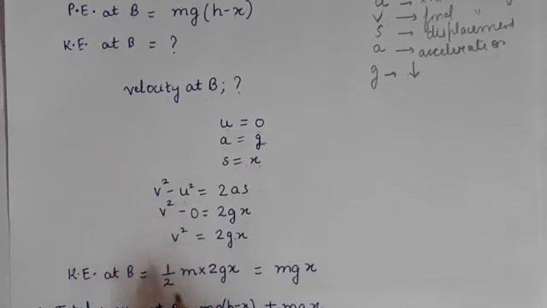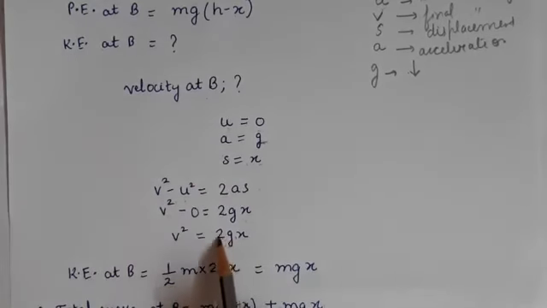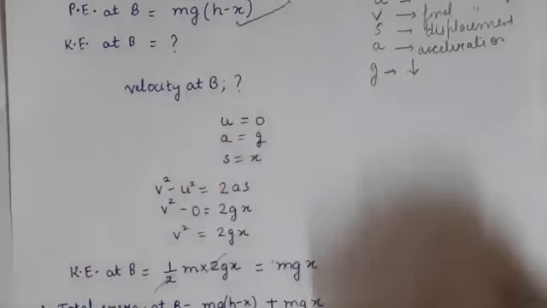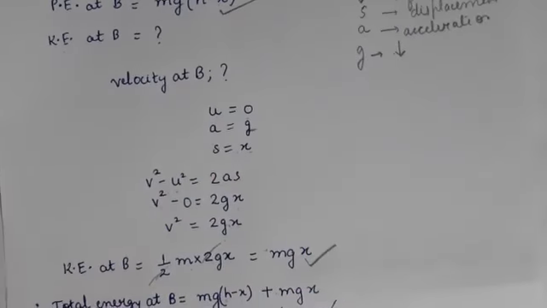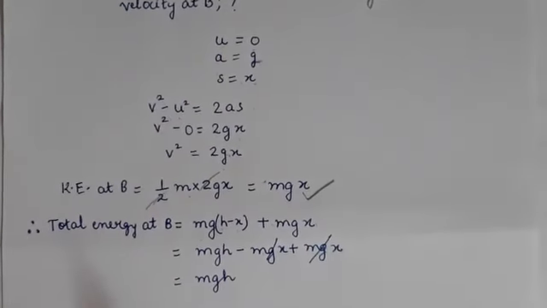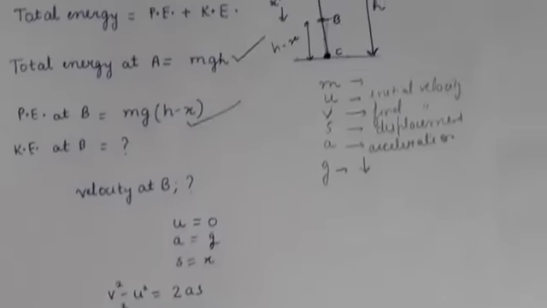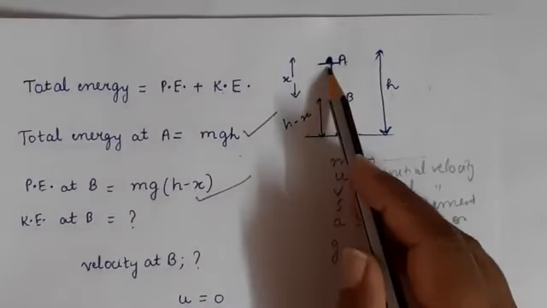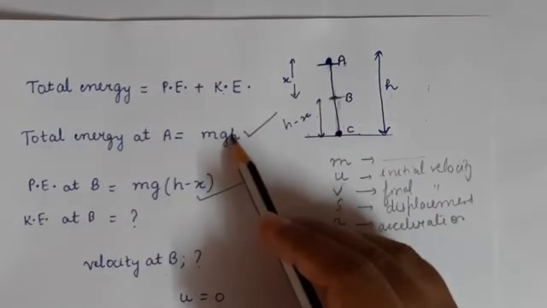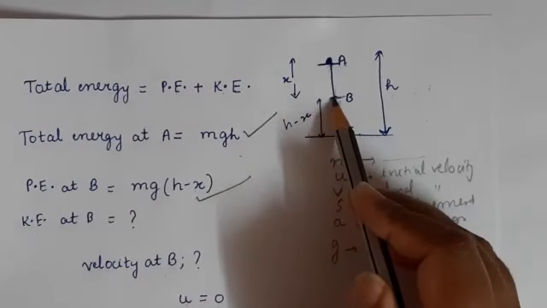So what is kinetic energy? Half m, v square is 2gx. So 2 cancels with 2, it will be mgx. So add these two, potential energy plus kinetic energy, and you will get your answer as mgh. At point A, it was mgh, right? At point B, it is also mgh.